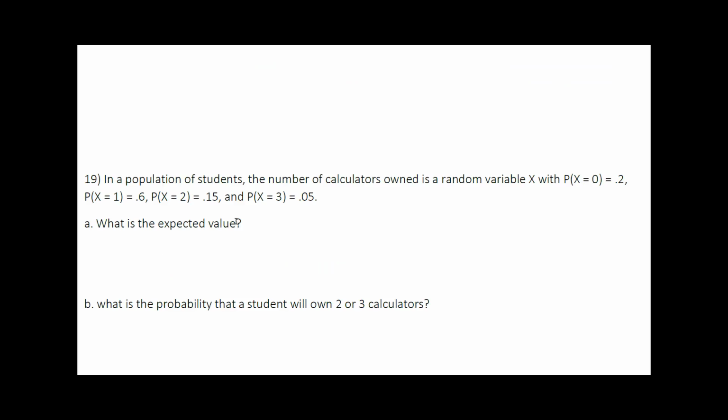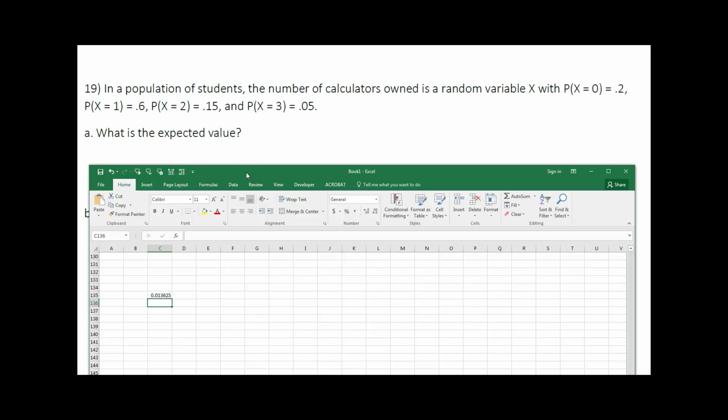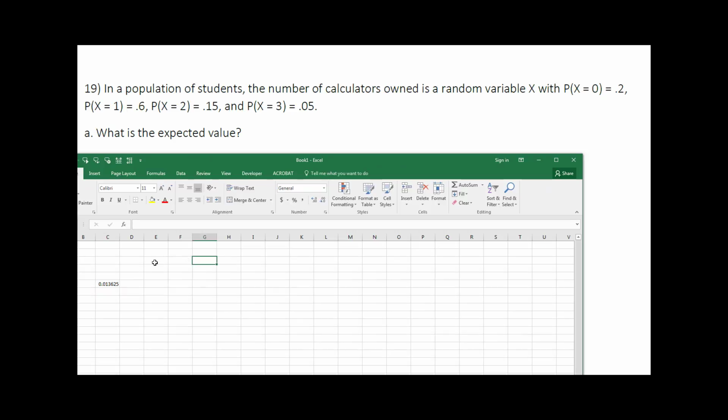And then the very last question is a review of a discrete distribution. All right, so we've got defined values of 0, 1, 2, and 3. Probability that goes with that, so 0.2, 0.6, 0.15, and 0.05. Okay, so to find the mean of this, then I'm going to take the probability, x times p of x.